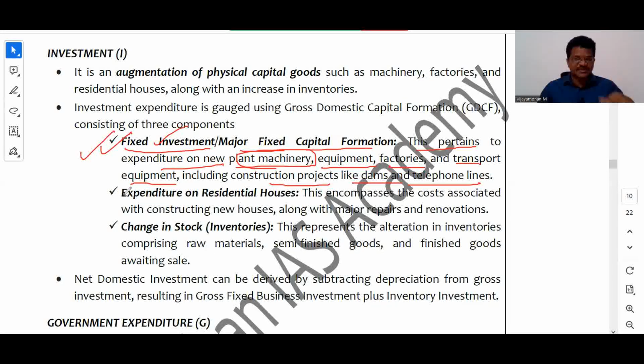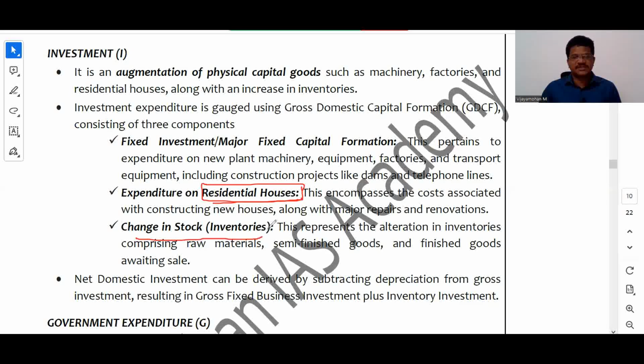Now if expenditure is done by households and residential houses కోసం చేస్తే this encompasses the costs which are associated with constructing new houses along with major repairs and renovations. So ఏదైనా న్యూ హౌస్ కన్స్ట్రక్షన్స్ జరుగుతున్నా, మేజర్ రిపైర్స్ అండ్ రెనోవేషన్ జరుగుతున్నా, we categorize this expenditure as expenditure on residential houses.